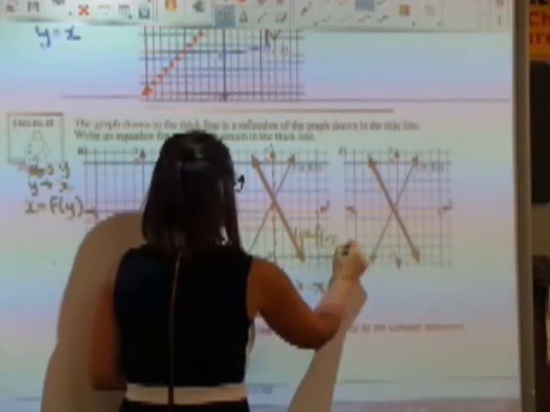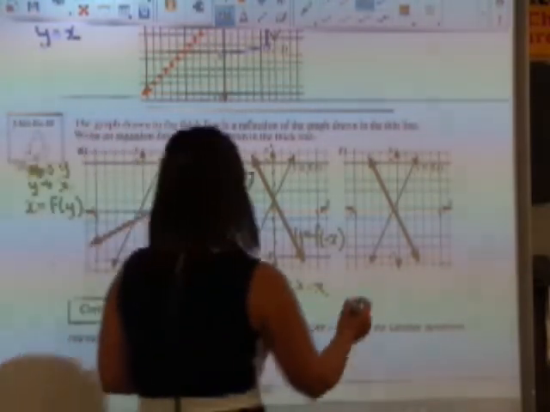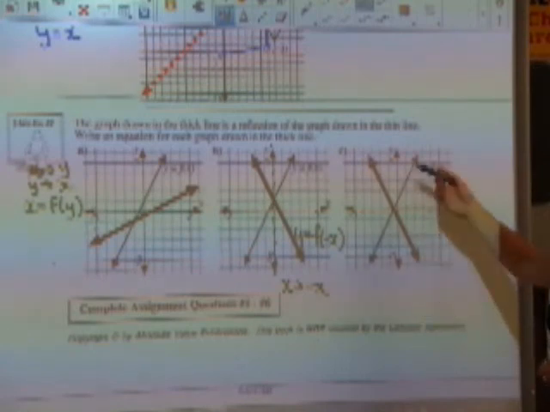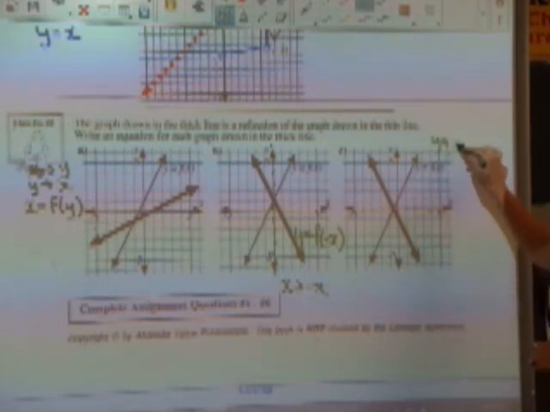Good. And then if I look at C, what's my reflection line? The x-axis. So if I reflect over the x-axis, what's my replacement? Y is replaced with a negative y. So then what's my equation?